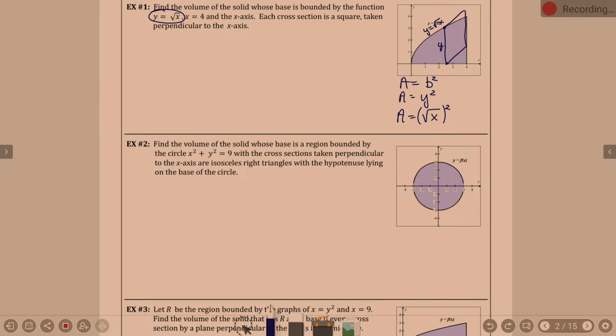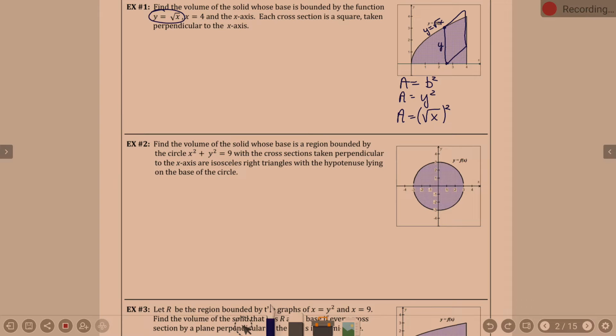Okay, so our area formula for the area of this square should be side times side, base times base. In this case, my side goes from the x-axis up to this curve, and this curve is square root of x, right? Y equals square root of x. So since it's a vertical distance, it's y, but I can sub in square root of x there.